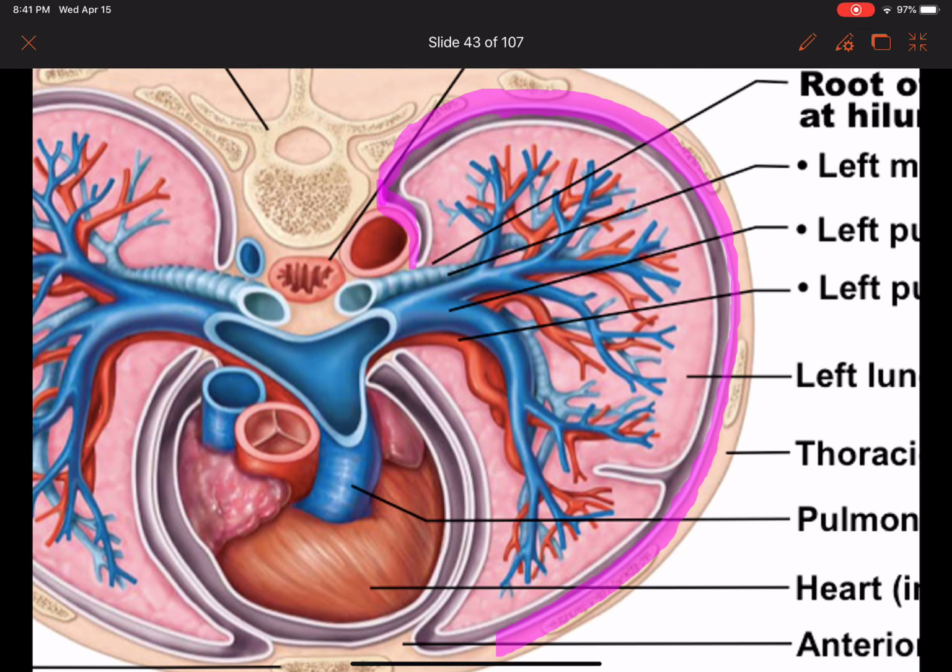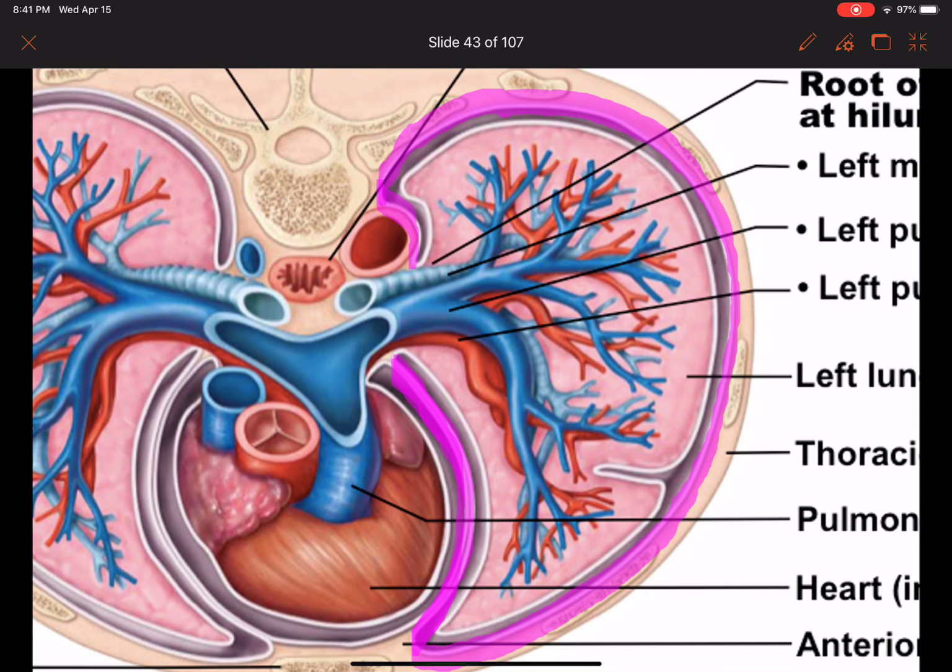So here we're outlining the, next time I won't go with the highlighter when I'm doing a very thin structure. So we're highlighting the parietal pleura right here in fuchsia. That's okay. We actually went into the pericardium area, but that's okay. Redo these lines a little bit.